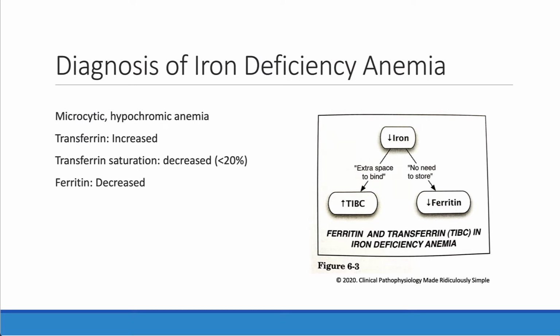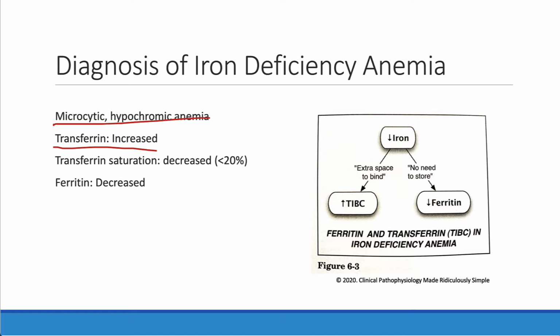So the diagnosis of iron deficiency anemia is made from microcytic hypochromic anemia. The transferrin, which is the transport form, remember it's the protein that will transport the iron, is increased. Now, does that make sense? Well, yeah, because there's more of it waiting around to take iron elsewhere, right?